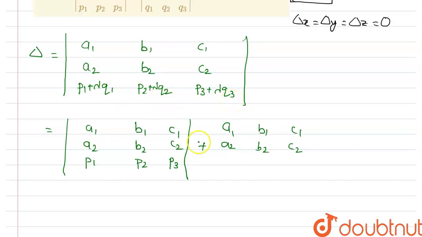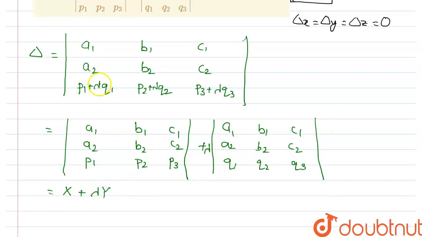We can take out lambda common, so this will give us q1, q2, and q3. And since we have taken out lambda common, let us write it here. So let us denote this determinant as, let's say, x, plus lambda into this determinant as y.